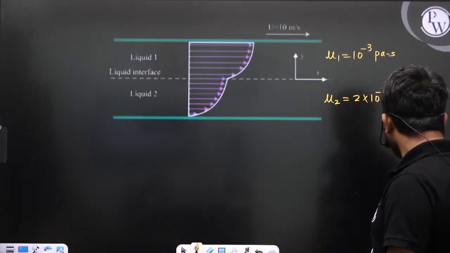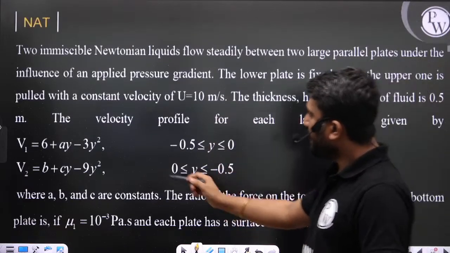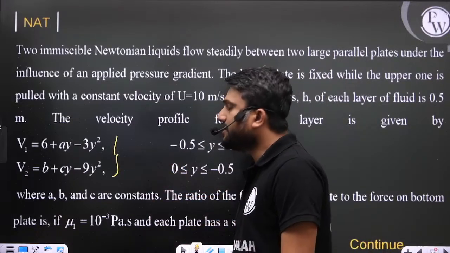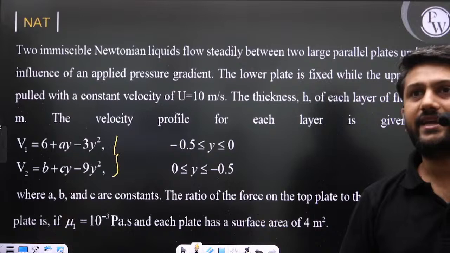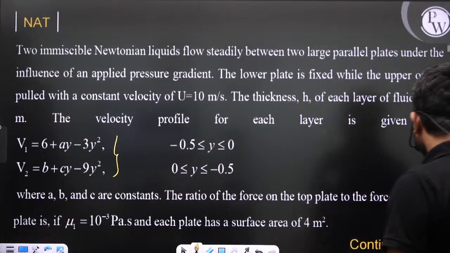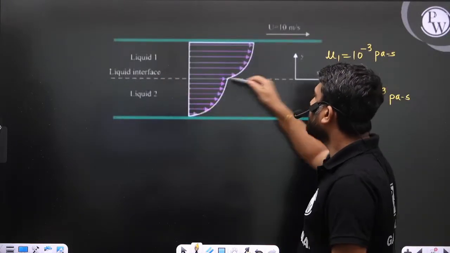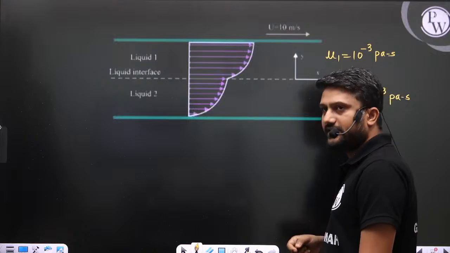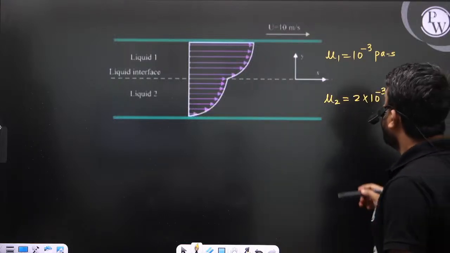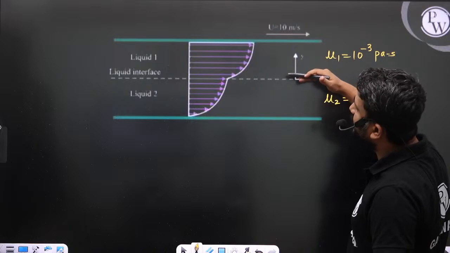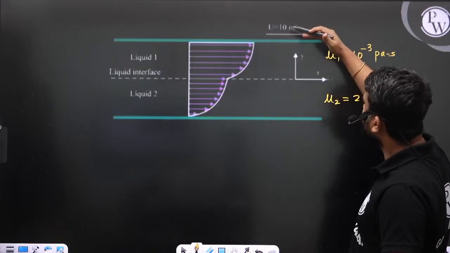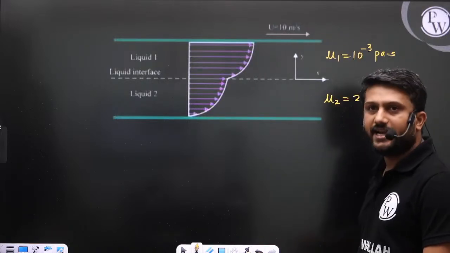In this expression, y is taken from the interface. So beta, this is the liquid interface. Above the interface there is positive y, and below the interface there is negative y.